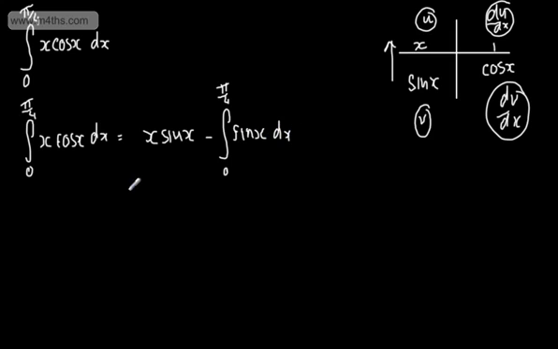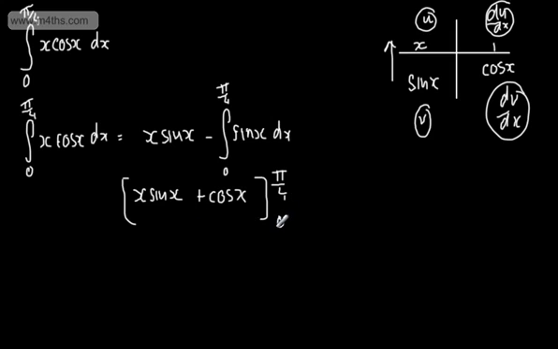Okay, so what we're going to have then is the following. We're going to have x sine x, and now the integral of minus sine x is going to give us plus cos x. So we end up with plus cos x, and we will simply now evaluate this. So we've got x sine x plus cos x, and we're interested in this from 0 to pi by 4.